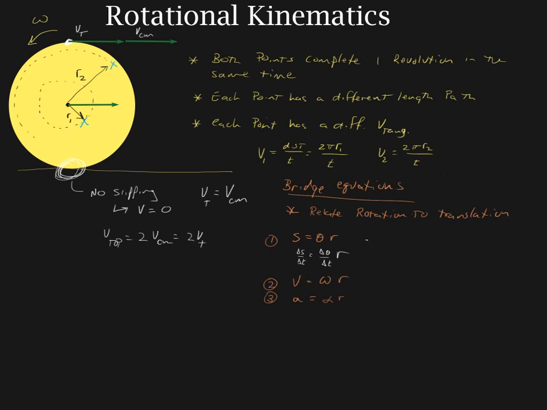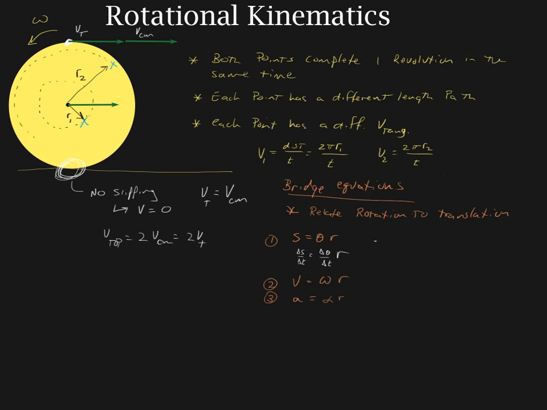This is going to become very important with most of what we do in rotation, because a lot of what we do, we're looking at objects which are moving through space. You know, they're rolling or something along those lines. Somehow they're rotating. That very often occurs in real life.